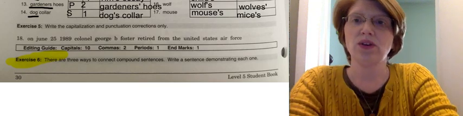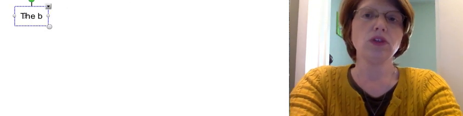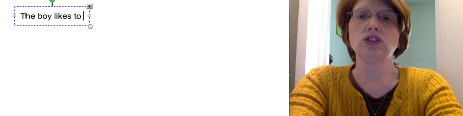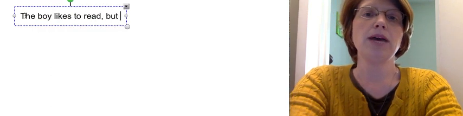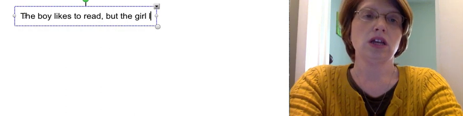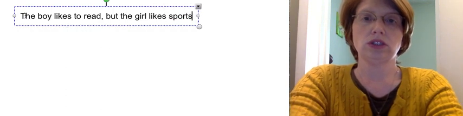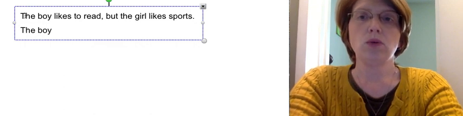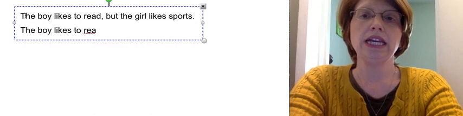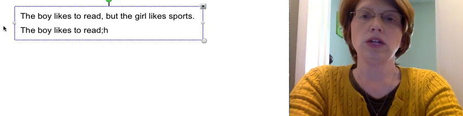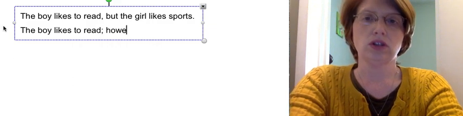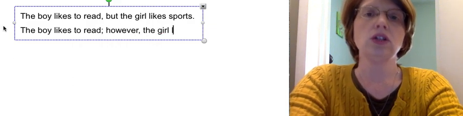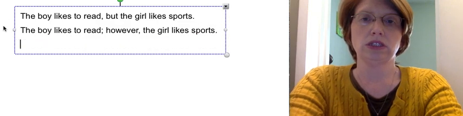Okay, so for example, remember the 3 different ways that we did the sentences? So the boy likes to read, comma, but the girl likes sports. Okay, the other way, the boy likes to read, semicolon, however, comma, the girl likes sports.